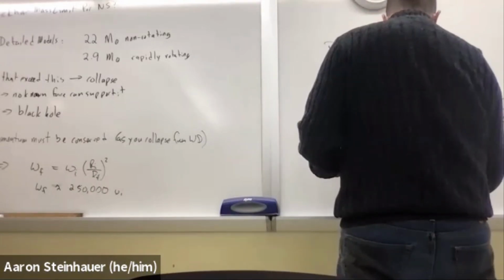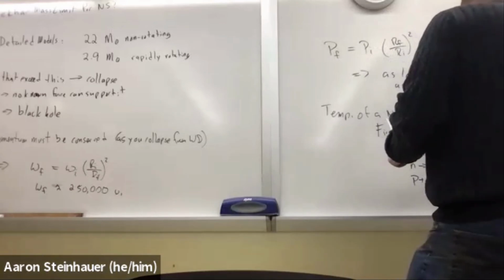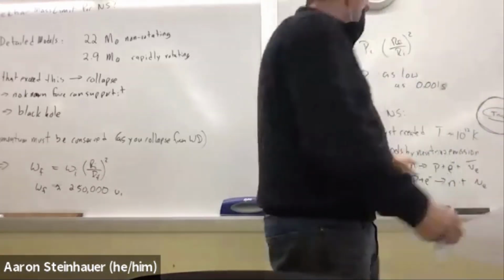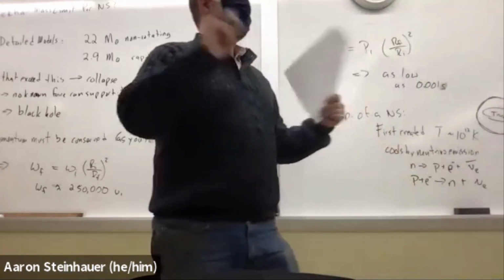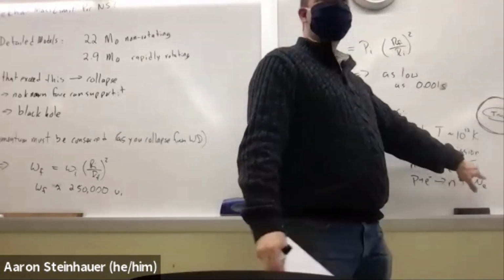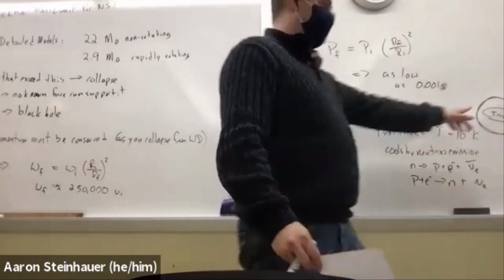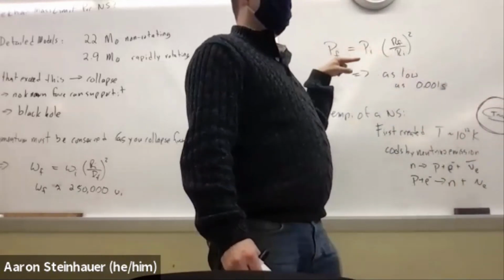So p plus e minus goes back to neutron plus a regular electron. These things are probably happening constantly, transferring back and forth between one another and emitting these anti-neutrinos and regular neutrinos, and that carries energy away and cools this thing off fairly quickly.